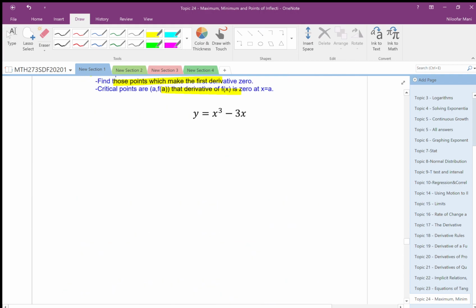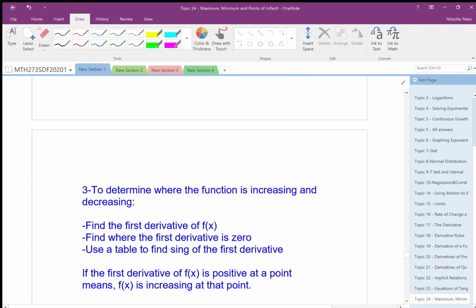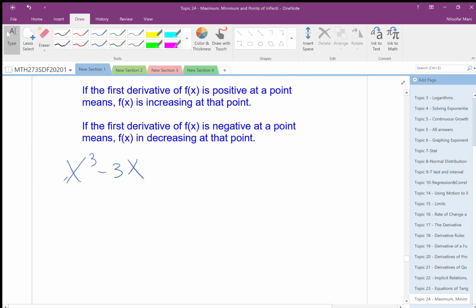Yes, that's my function. Now the first derivative is 3x squared minus 3.